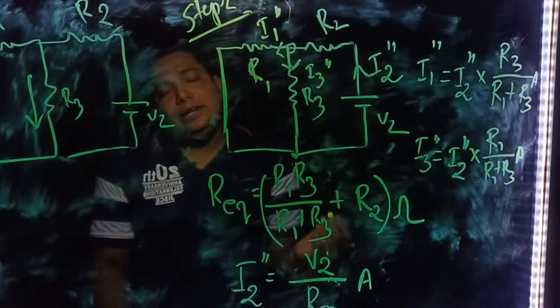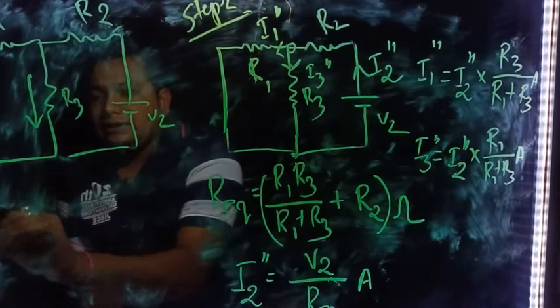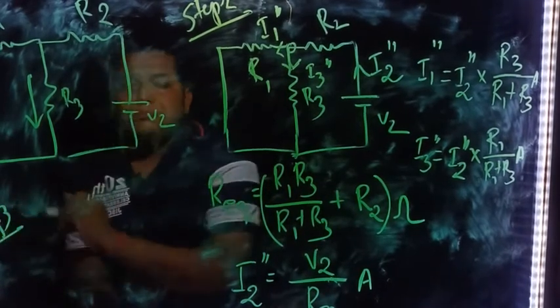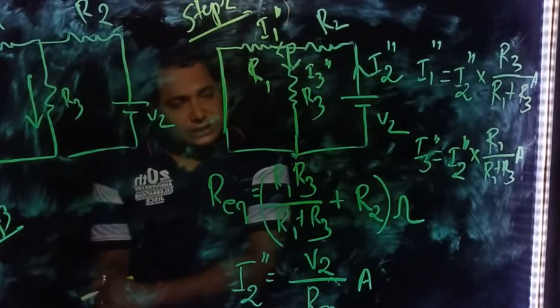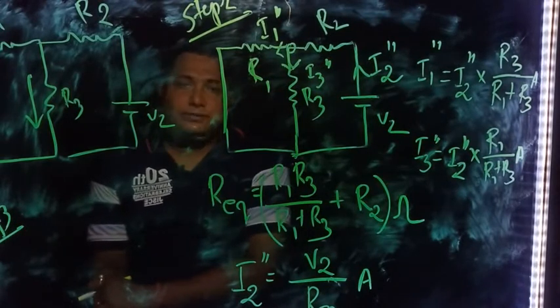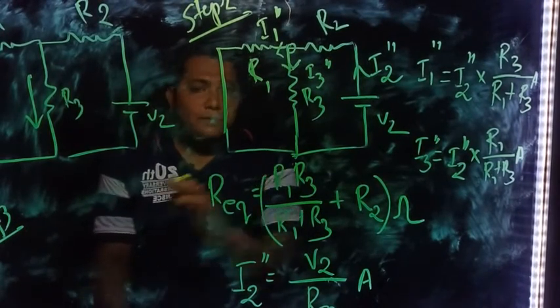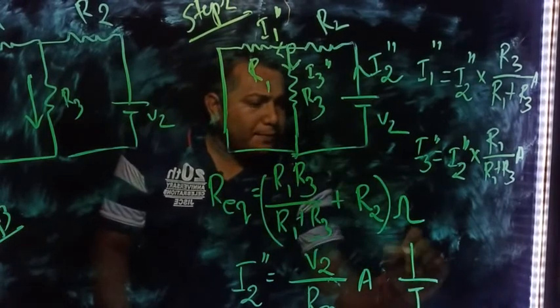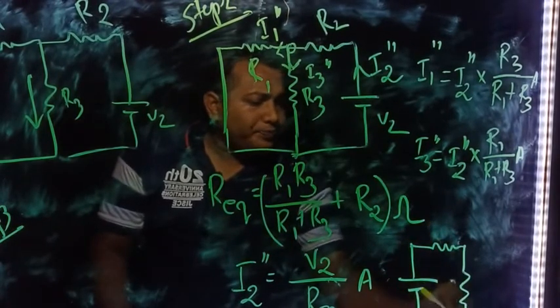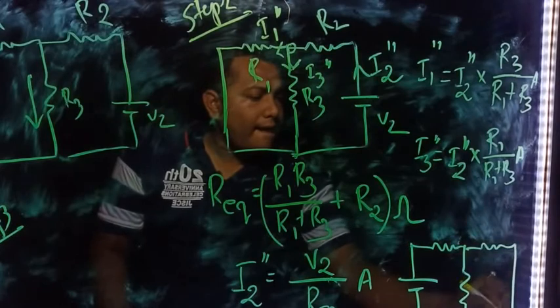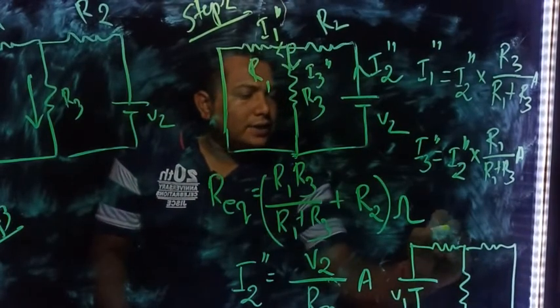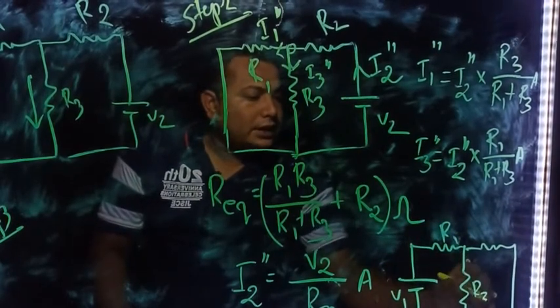So now at the end, step 3 we have to do. In step 3, according to the direction of the current, we have to add or subtract the current values. So for your simplicity, for better understanding, say this one is our first circuit, this is R3, this is R2.